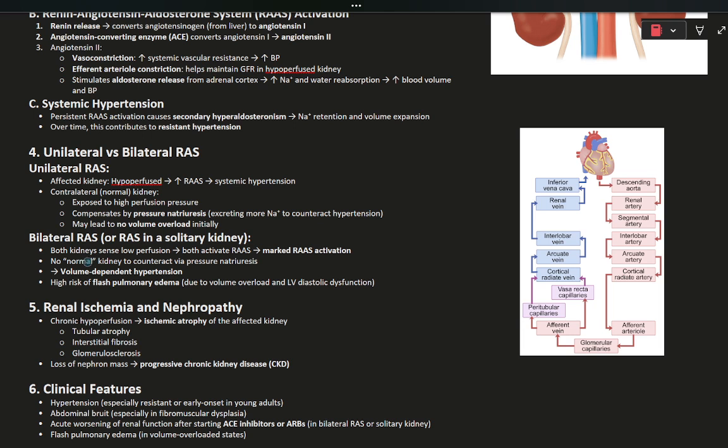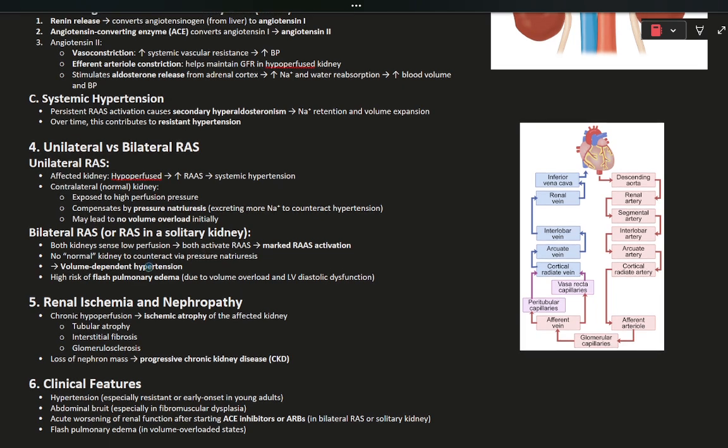There's not going to be any normal kidney to counteract this increased perfusion through natriuresis. This is going to lead to volume-dependent hypertension, and as a result, there's going to be high risk of flash pulmonary edema due to the volume overload and left ventricular diastolic dysfunction.